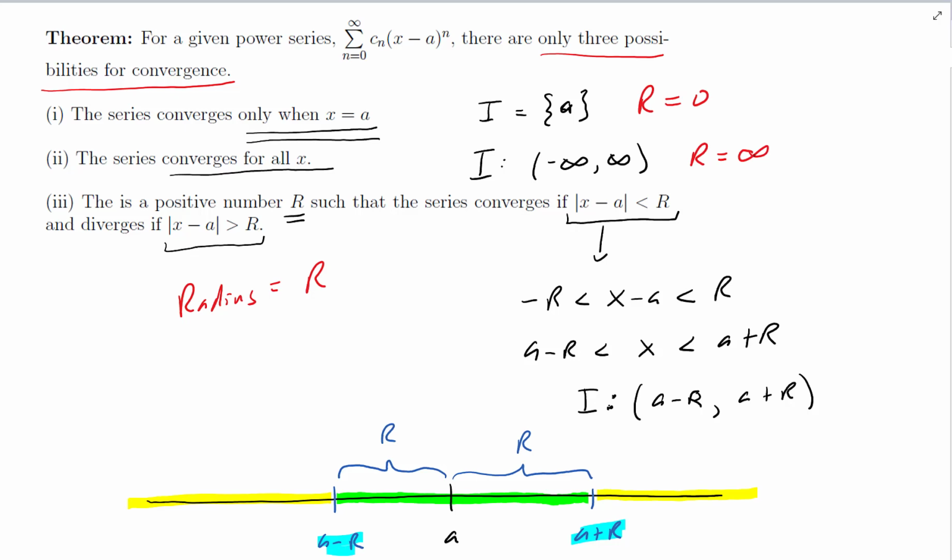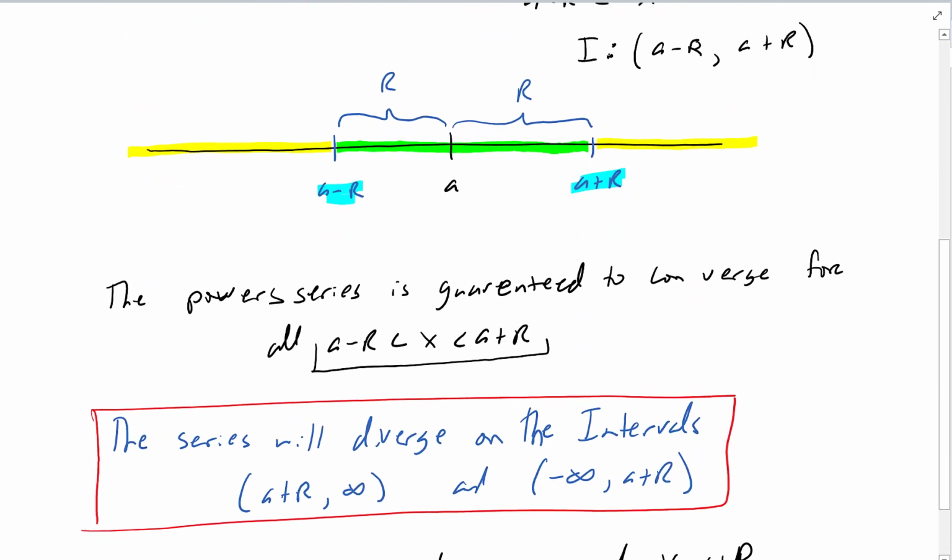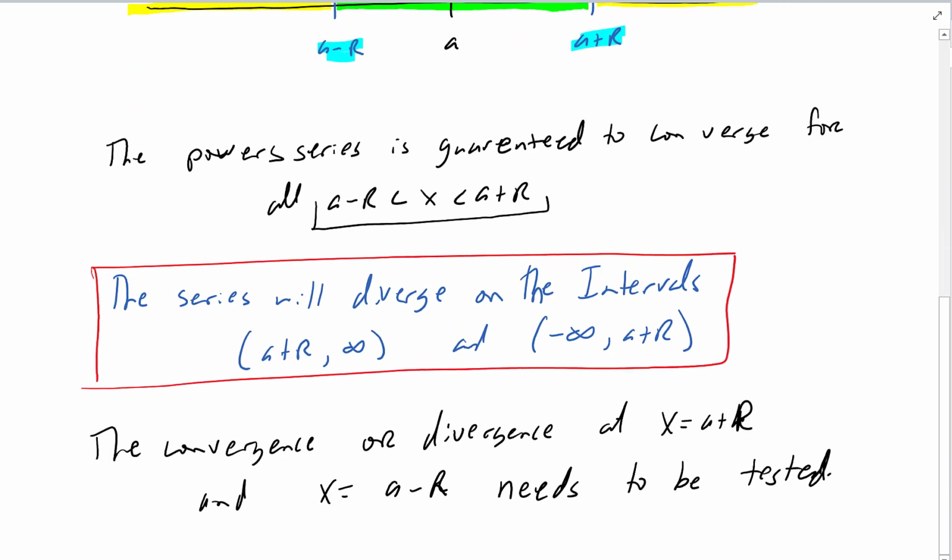If it's some number r, then there is an interval from where you're centered, a distance of r both directions, that you're guaranteed to converge if you're inside that interval. If you're outside that interval, you're guaranteed to diverge. But if you're at the endpoints of that interval, you have no information. You have to do some more work.